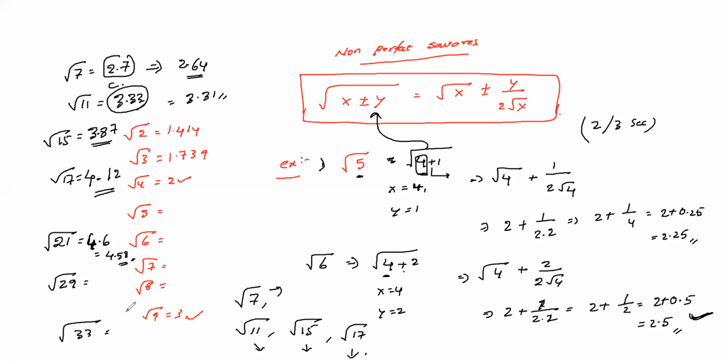Five point four. 5.4. Let's see that root 29 is 5.4. Yes, super. 5.4. In the calculator, it is 5.38. Yes. Root 33.